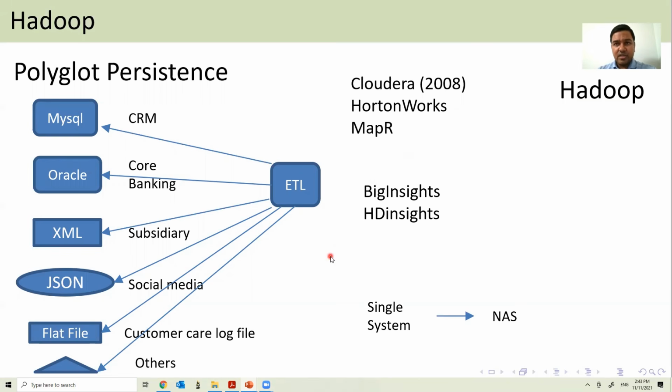Then a solution came, network attached storage, NAS. There was a company called EMC Square. They came up with a solution whose only job is to give NAS. I remember when I was working in IBM in 2004, it is a very big building.